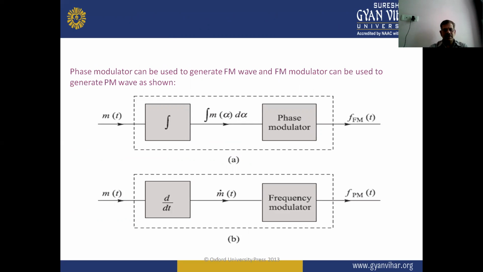Phase modulation can be used to generate an FM wave, and an FM modulator can be used to generate a PM wave, as follows. In the first diagram, there is the message signal. That message signal is fed to the integrator, and the output of this integration is the integral of m alpha d alpha.